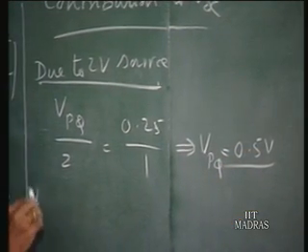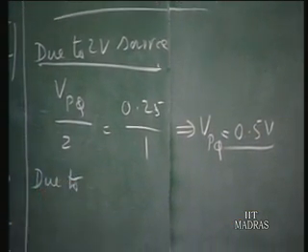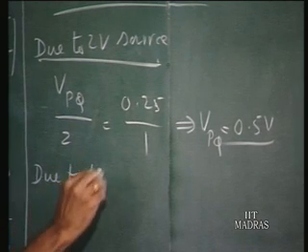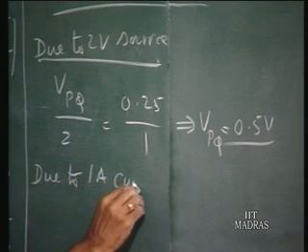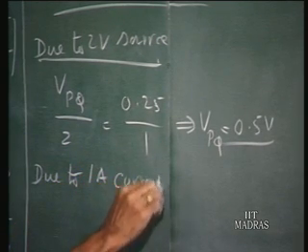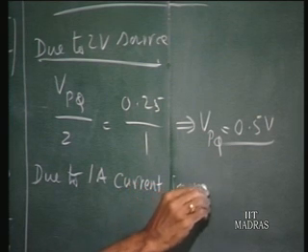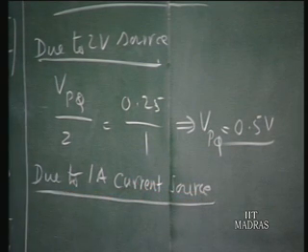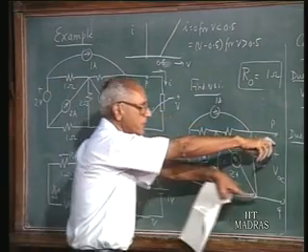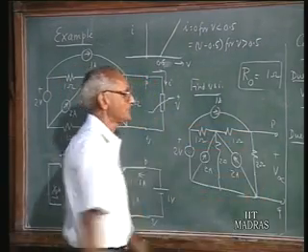So due to, let us say, 1 ampere current source, so we apply a current at this pair of terminals, 1 ampere, and we would like to find out the open circuit voltage here.